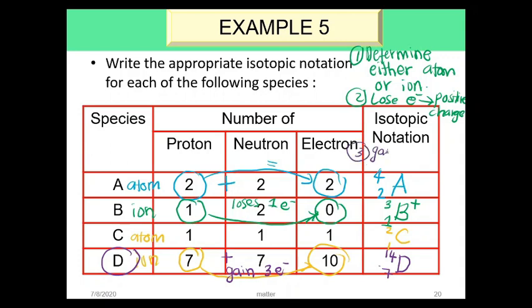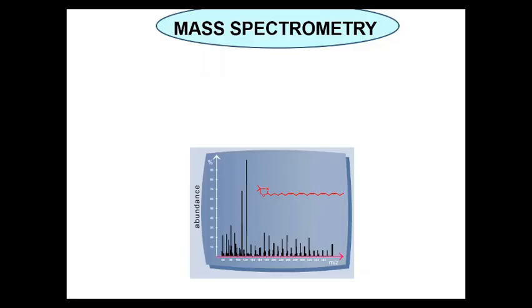If you gain electrons, you should be having a negative charge. So D should have the charge of 3 minus. So far, we have learned how to write the isotopic notation of atoms and ions.